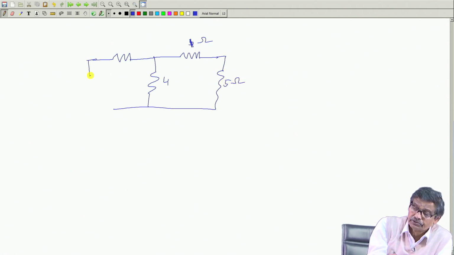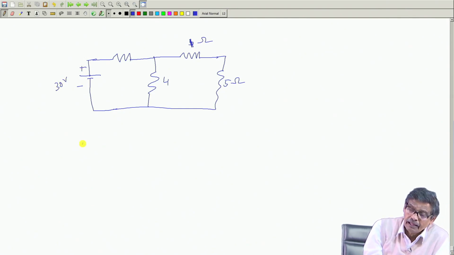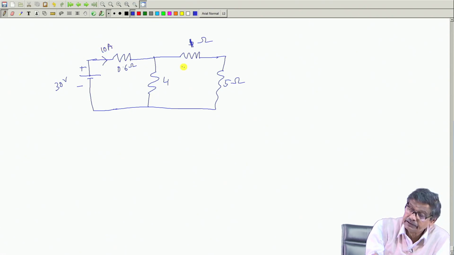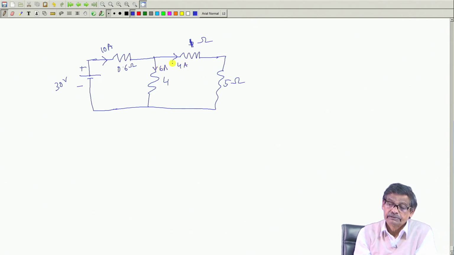Here is only one source, that was 30 volt. And we have already solved this circuit. This is 0.6 ohm. The currents were known to be 10 ampere here, and this was 4 ampere, and this was 6 ampere. We know this.